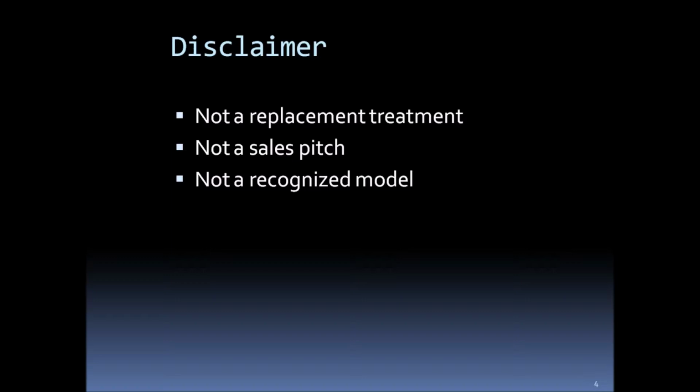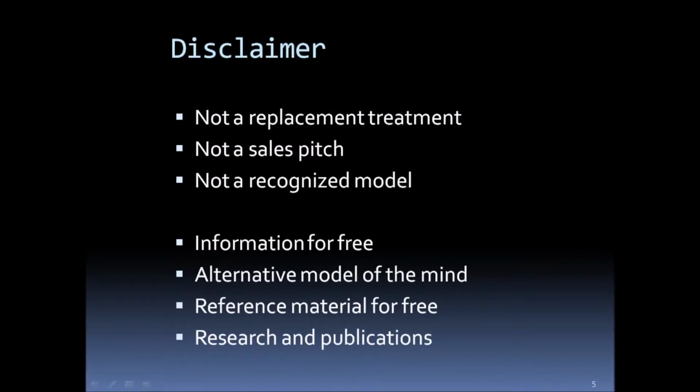The model that I'm using is called the internal map of reality, which is more of a public domain approach to understanding the mind. The information here is free, and the model is free.